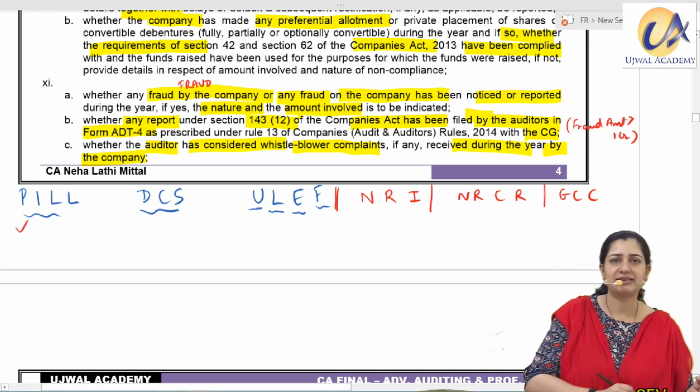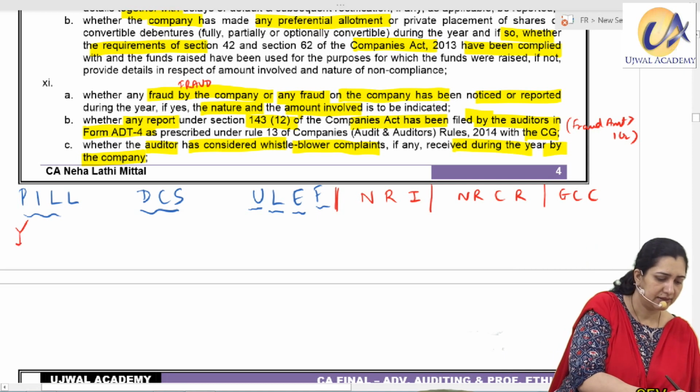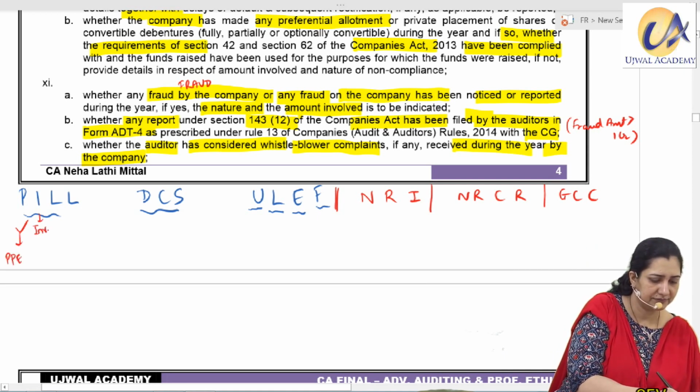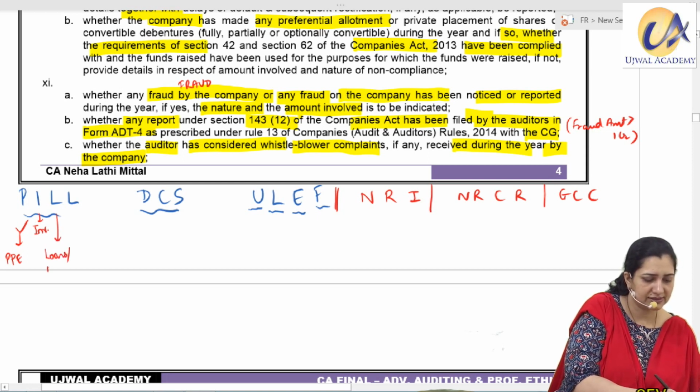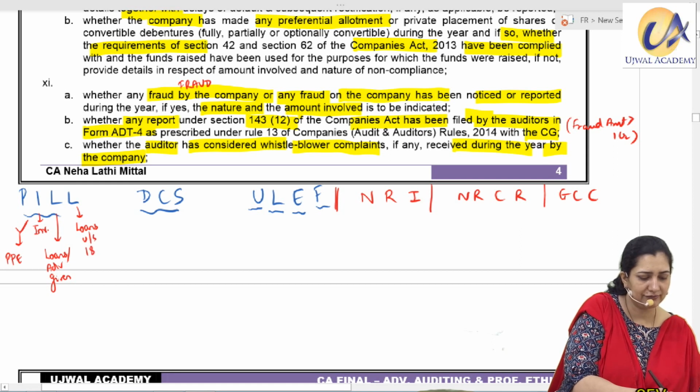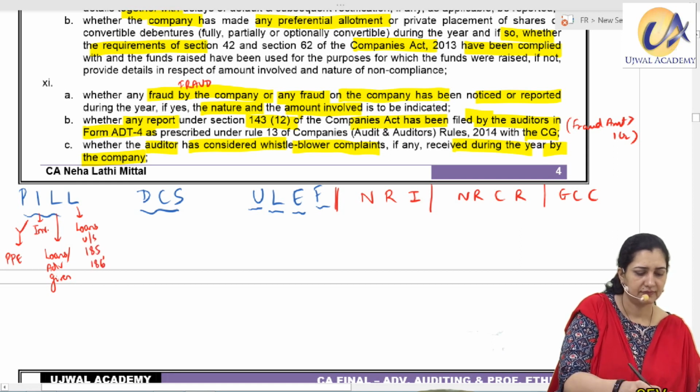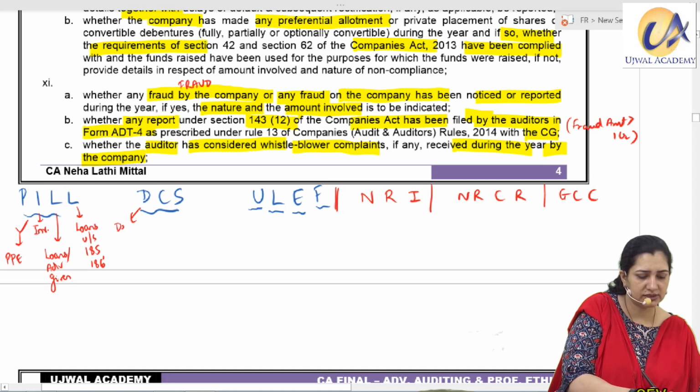The first P we had seen was PP, correct? PPE. Then we had got inventories. Then we had got loans, advances given. Then we got this L, loans under section 185, 186. D, deposits from public.